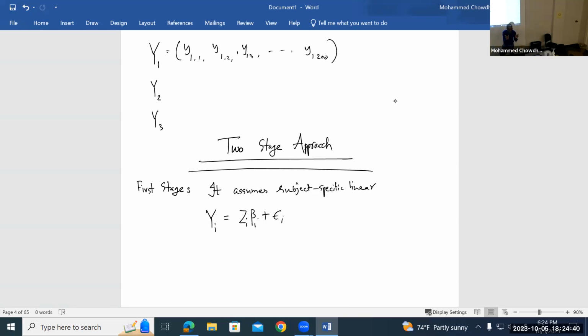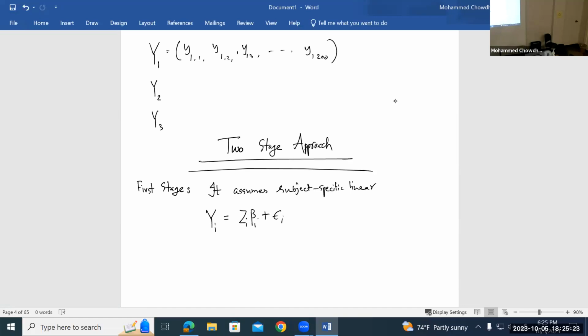I said subject-specific. i equal to 2 is the second school's linear model, i equal to 3 the third school's linear model, up to i equal to 168, the 168th school's linear model. It starts from each school. Now I want to convince you of one thing. Are you understanding what I said? i equal to 1 means the first school's linear model, i equal to 2 the second school's, i equal to 3 the third school's.